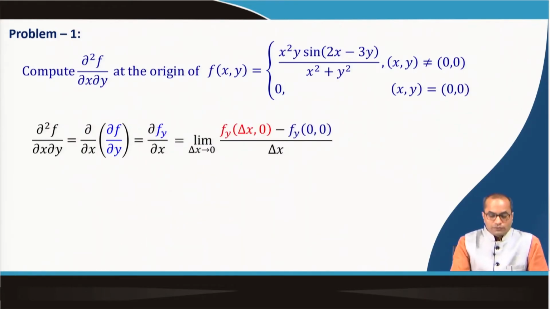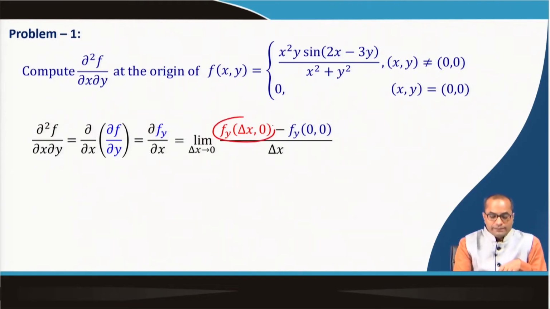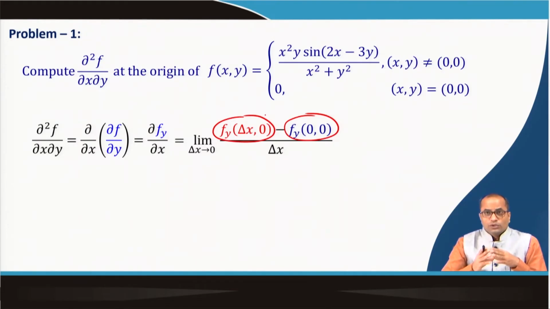As per the definition, the variation in x is 0 plus delta x, and the second argument remains as it is, because we are differentiating with respect to x. So, to get this limit, we need f_y(delta x, 0) and also f_y(0,0), which we compute separately.